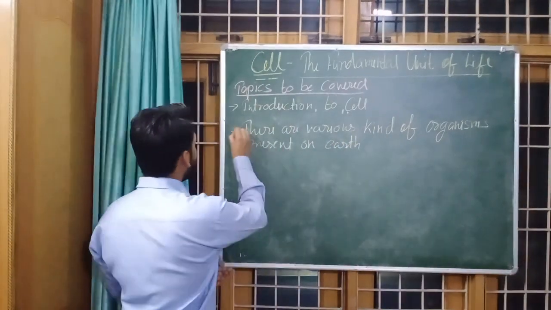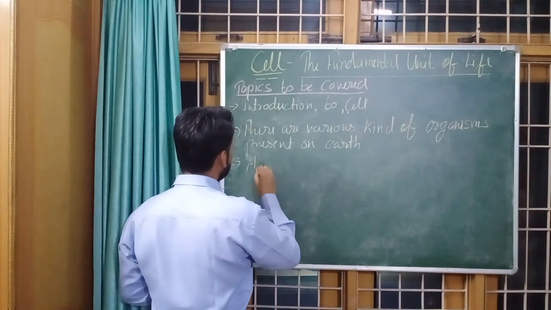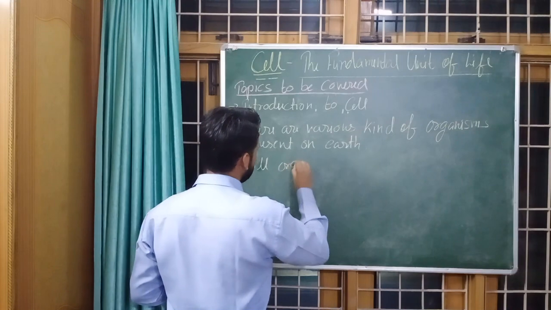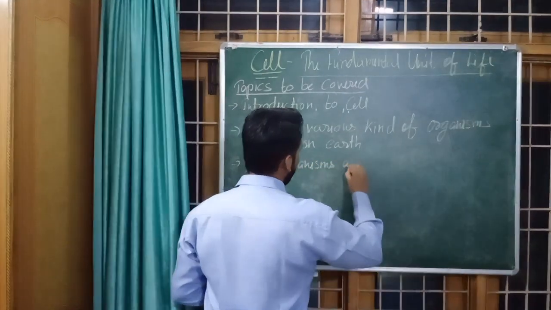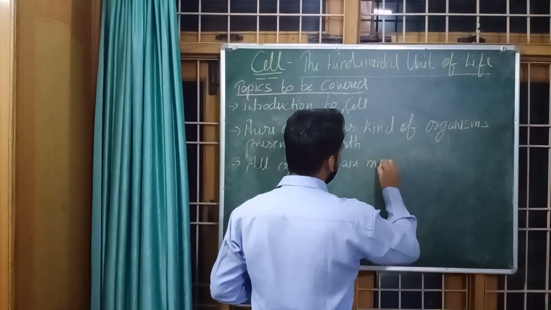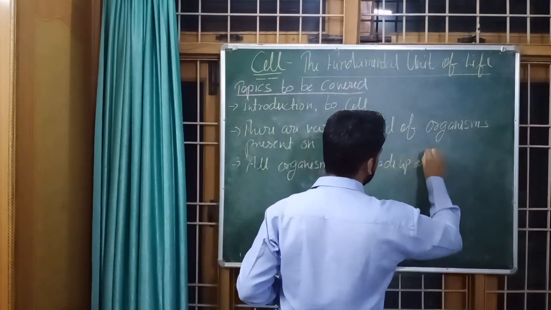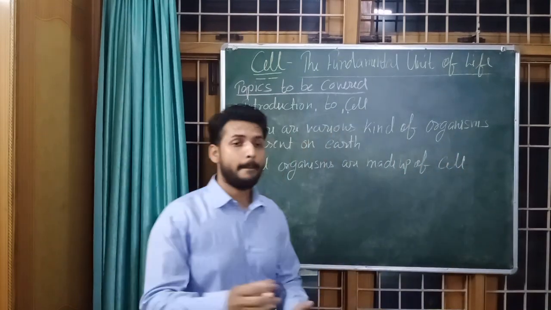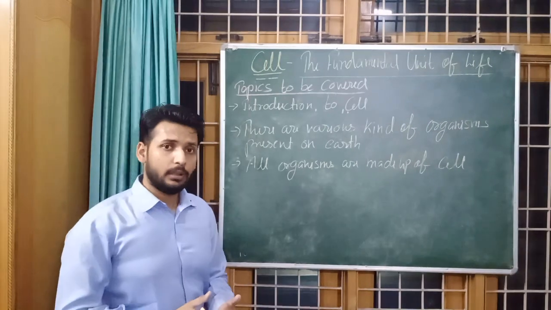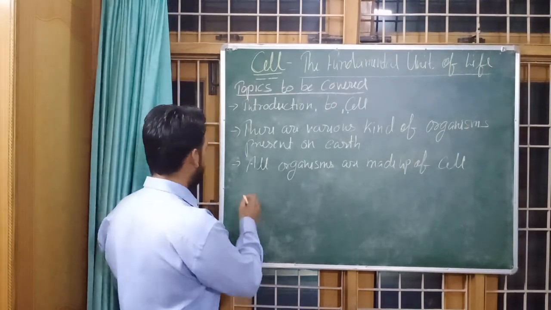And the next point is, all organisms are made up of cells. Now here, living organisms are of two types, we can say, microscopic or macroscopic.